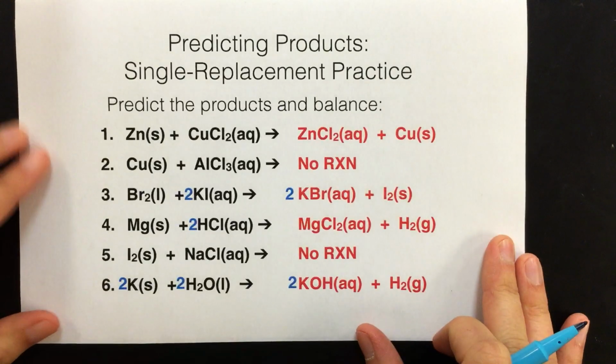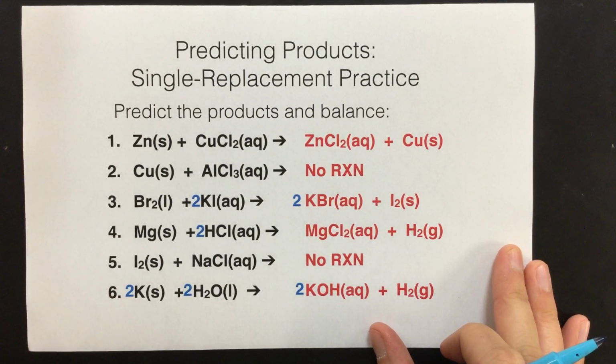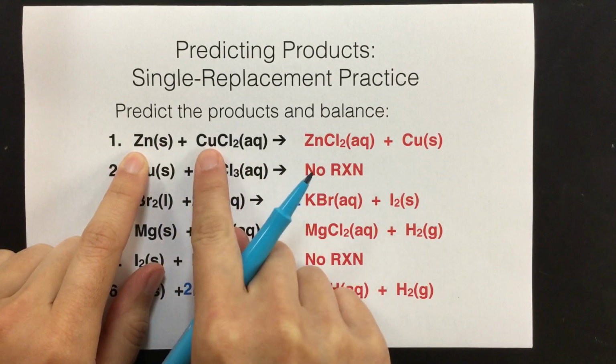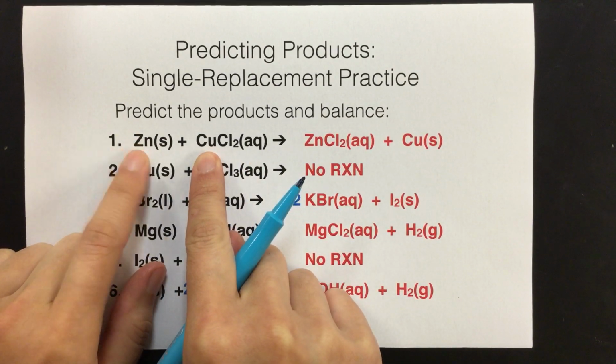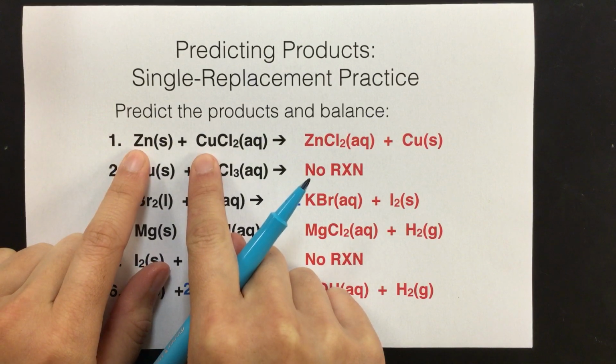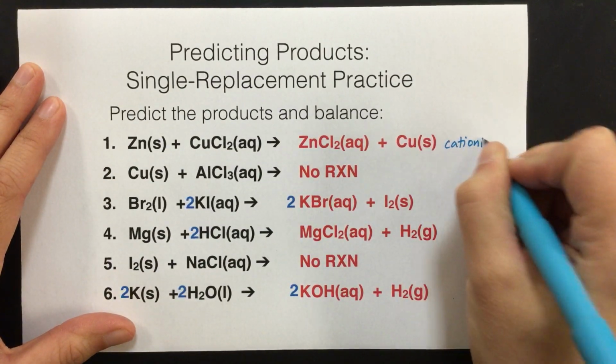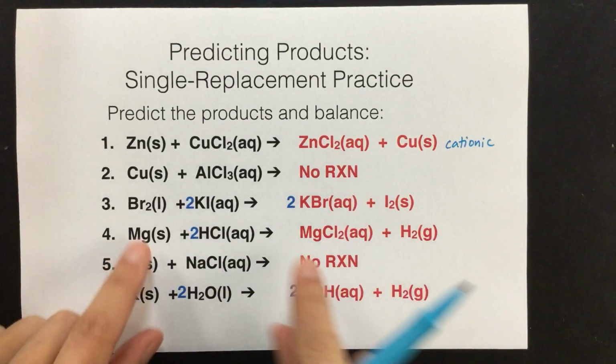Just for kicks, let's go through a few things from the notes. Why don't we quickly identify these single replacement reactions as either cationic or anionic. So this first one, zinc was by itself, and it switched places with copper. Since zinc and copper are cations, this is cationic. Okay. Then no reaction.